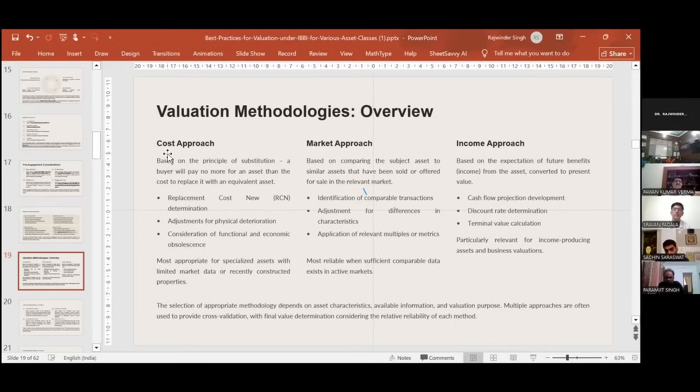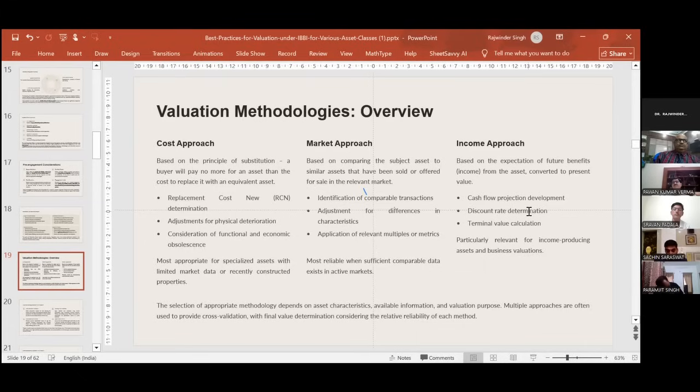First of all, you have to do the cash flow projection development, and then you have to decide about the discount rate. And if you are doing a valuation, especially upon the income approach, you have to decide upon the terminal value and how to achieve that, the terminal value calculation. So these things are important in the case of the income approach.